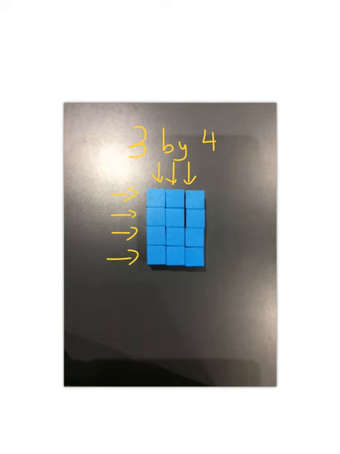Okay, so the last rectangle is a 3 by 4 rectangle, because you've got 3 columns and 4 rows. Apologies if the camera is shaking.